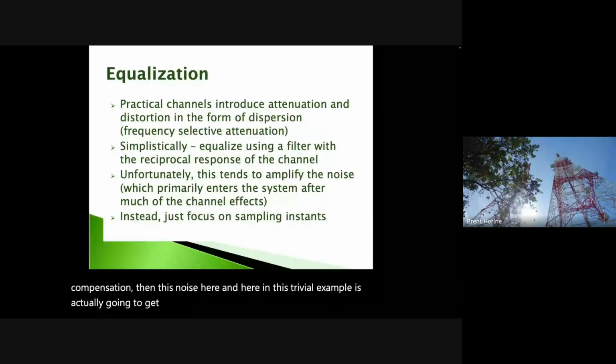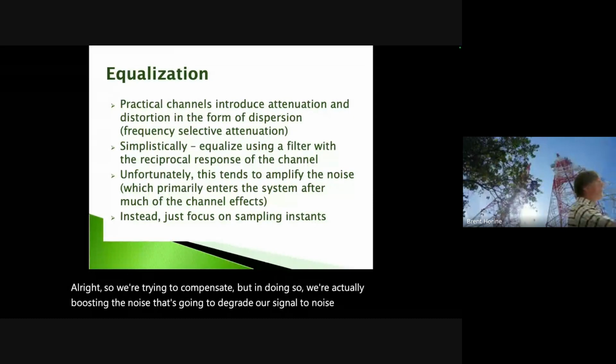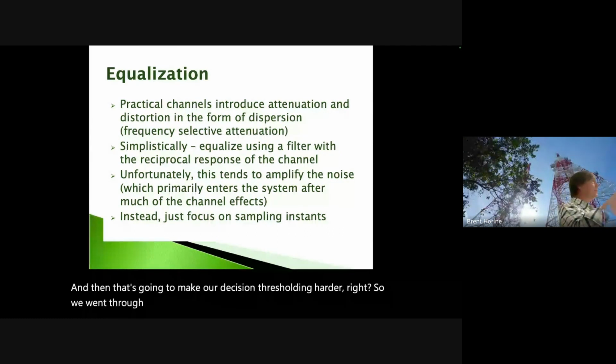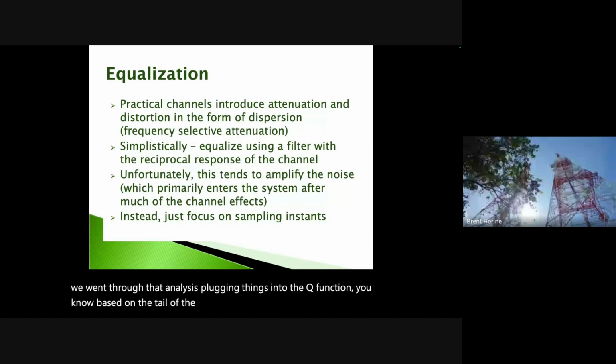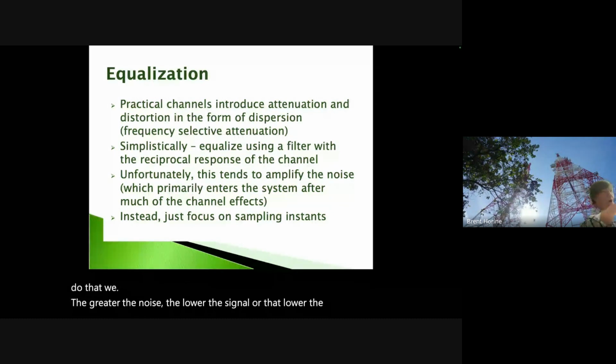We're trying to compensate, but in doing so we're boosting the noise. That's going to degrade our signal to noise ratio and make our decision thresholding harder. We went through that analysis, plugging things into the Q function, based upon the tail of the additive white Gaussian noise, and the lower the signal to noise ratio, the worse things get.